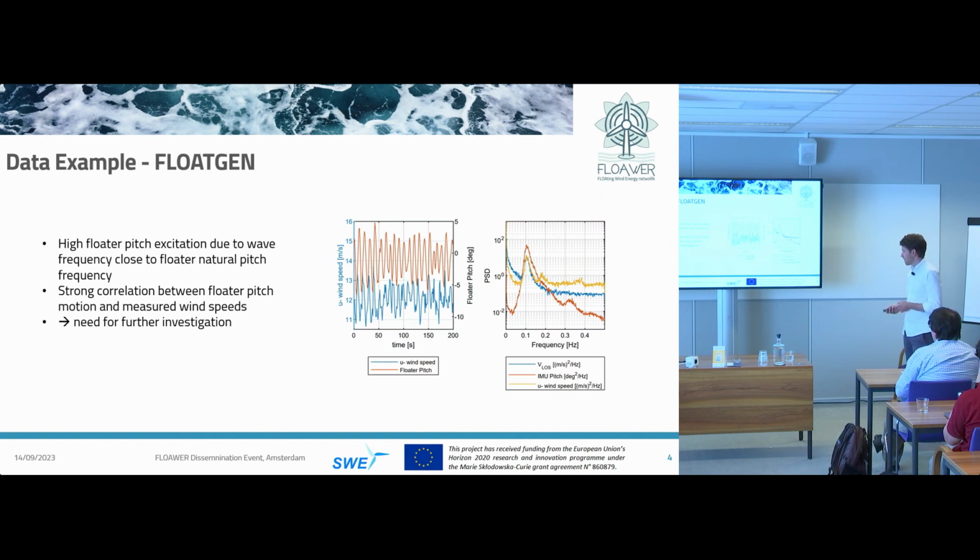And how does this look? This is a data example from FlowGen, so real data. You can see on the time series plot, the red-orange line is the measured floater pitch signal, and the blue line is the reconstructed horizontal wind speed from the lidar.